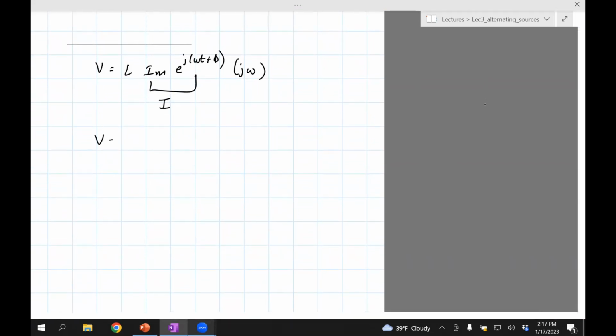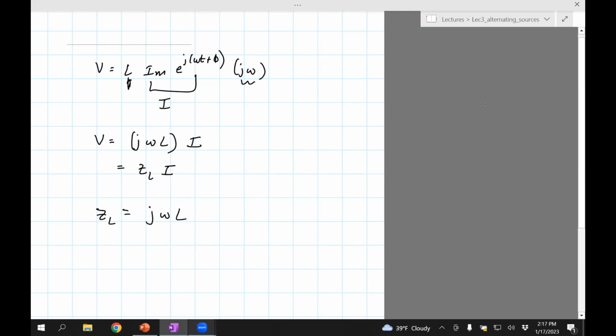So this expression boils down to j omega L, that is, I'm taking these terms together, times I. And so we can see that this is ZL times I, which means that the impedance of an inductor is j omega L.